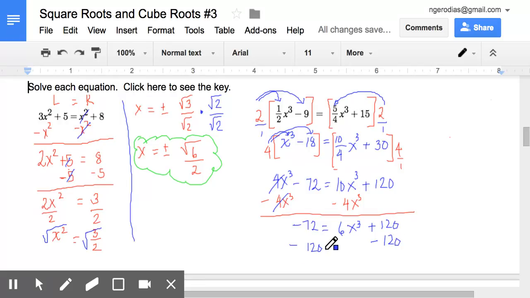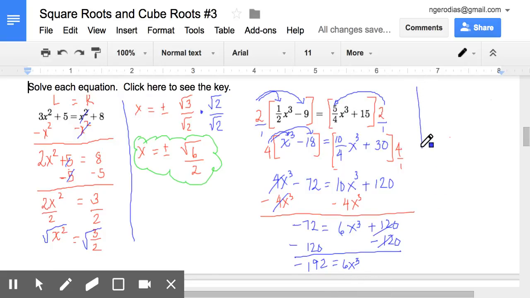Take away 120. This cancels, and so we're going to have negative, this is 192. 72 plus 120 is 192. Negative 192 equals 6x cubed.